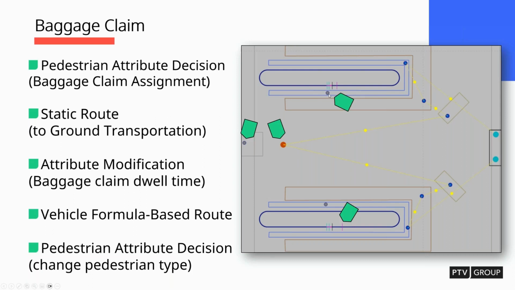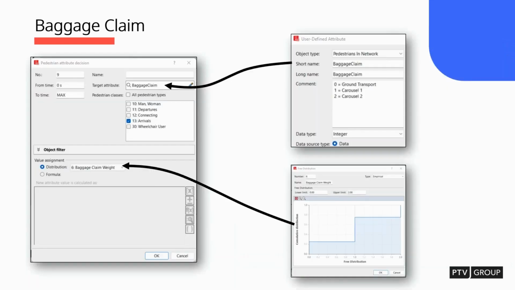You see this gray dot here. What this does is this changes the pedestrian type from pedestrian arrival to pedestrian baggage claim. And the reason I did that was because we want to have pedestrians without bags, and then they change into pedestrians with bags. So we're changing what they look like, and so we're changing the pedestrian type.